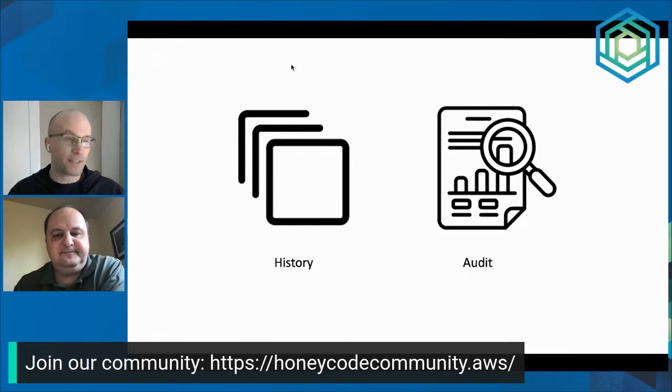Oh, absolutely. It comes up really regularly for customers, especially when they're putting together applications in Honeycode that are going to be used by a wide range of teams, like larger teams that are distributed.